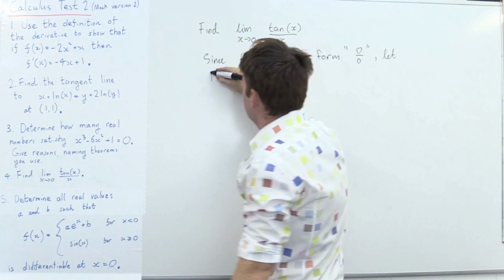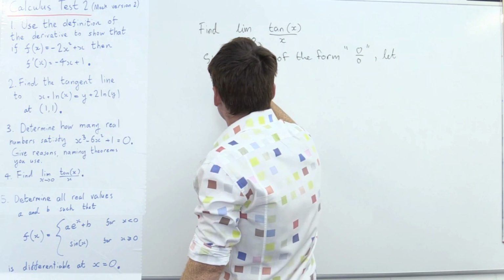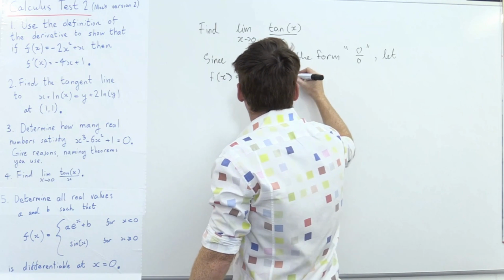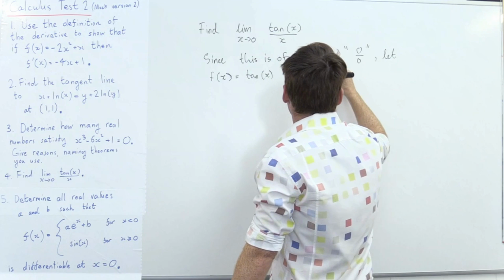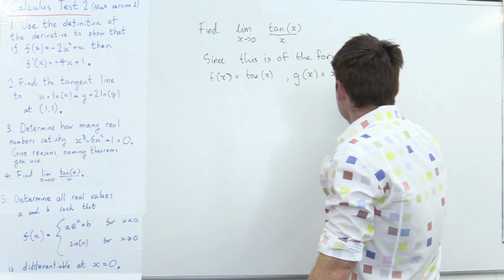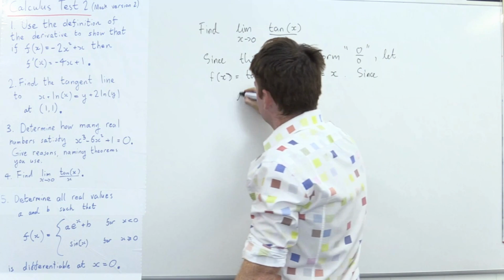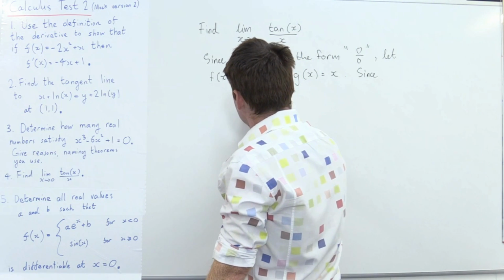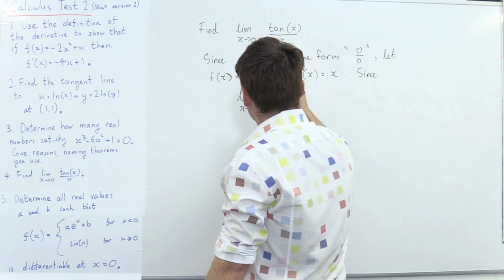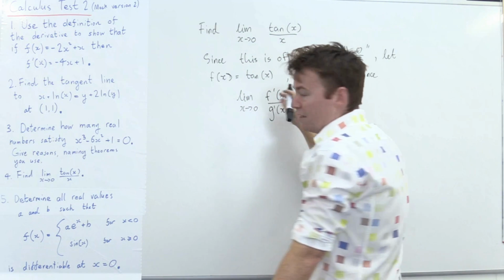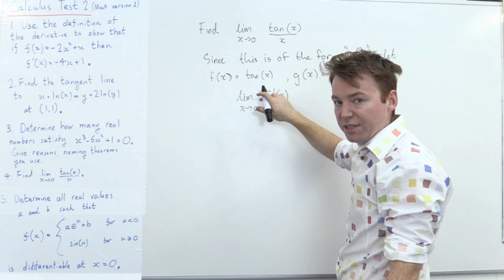Let f of x be equal to tan of x and g of x equal x. Since this is the other condition, the existence of this limit is the other condition.